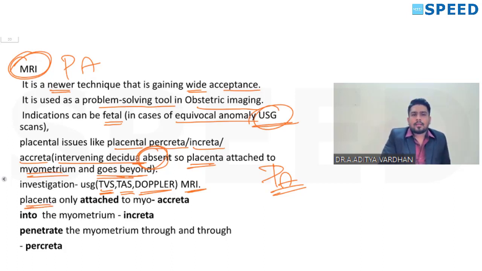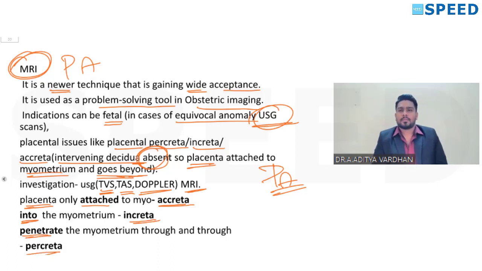Here, the placenta, if it is only attached, remember the word attached, to the myometrium is accreta, into the myometrium is increta, penetrates through the myometrium is percreta.